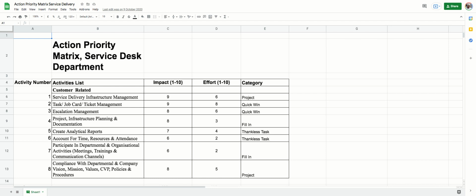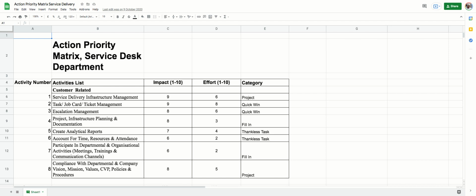In the service delivery department, we have 8 key activities that we expect service delivery team members to participate in on a daily, weekly, and monthly basis. These are number 1, service delivery infrastructure management. Number 2, tasks, job cards, and ticket management. Number 3, escalation management. Number 4, project infrastructure planning and documentation. Number 5, creating analytic reports.